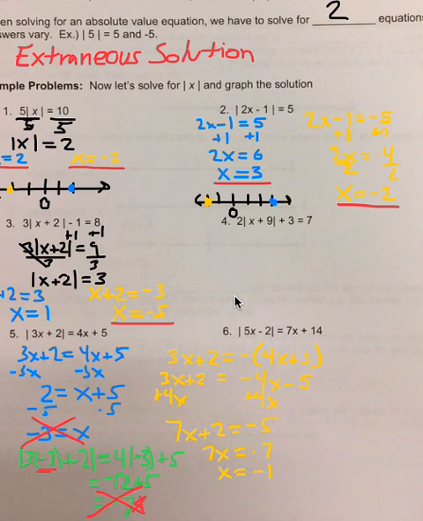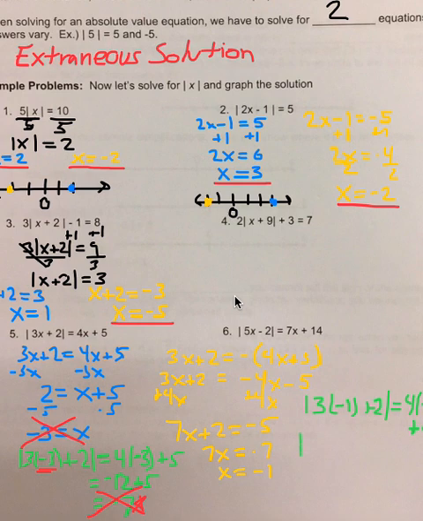When we do the same thing for negative 1, though, we get the absolute value of 3 times negative 1 plus 2, and that equals 4 times negative 1 plus 5. Sorry if it's not showing up perfectly, but you'll see it here in a second.